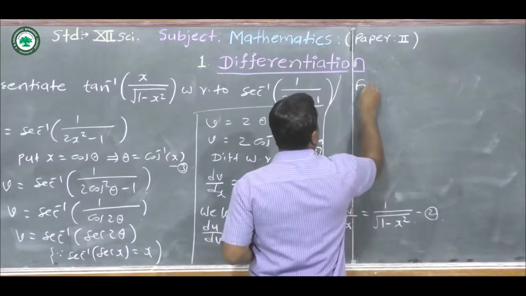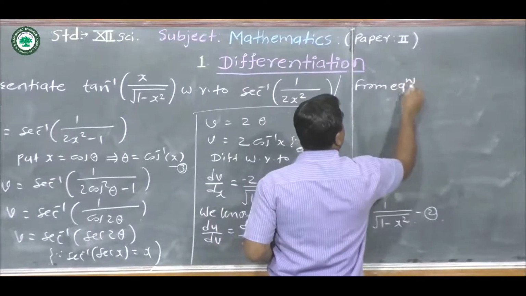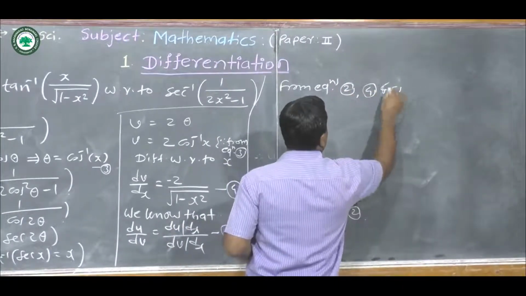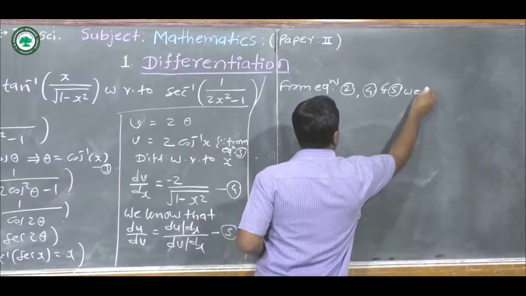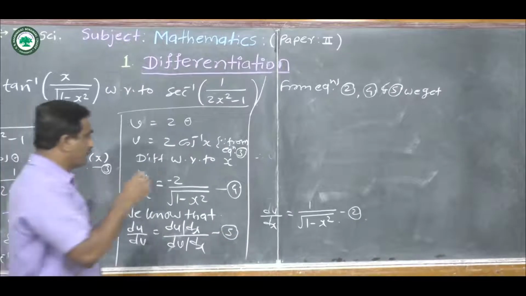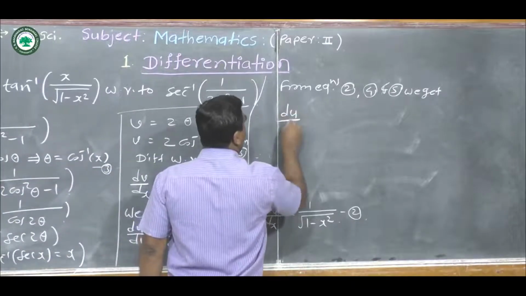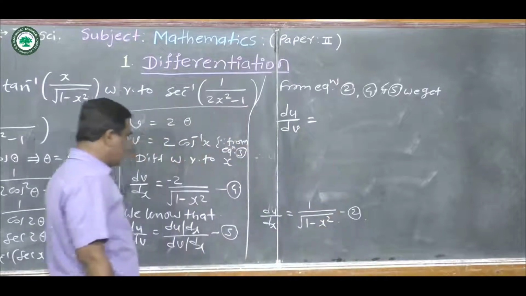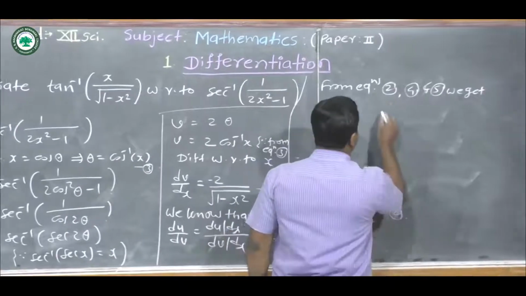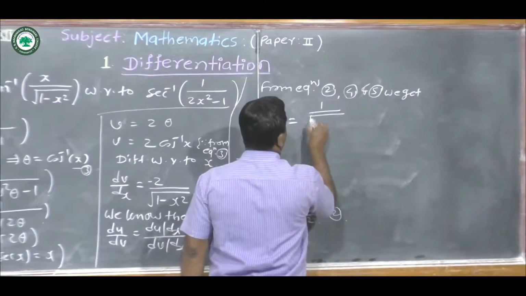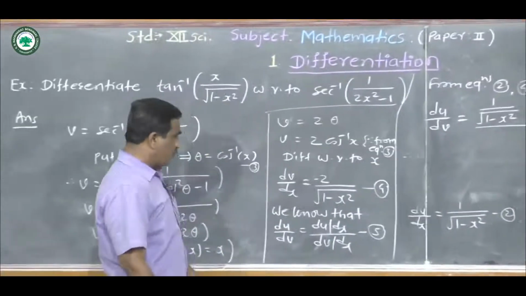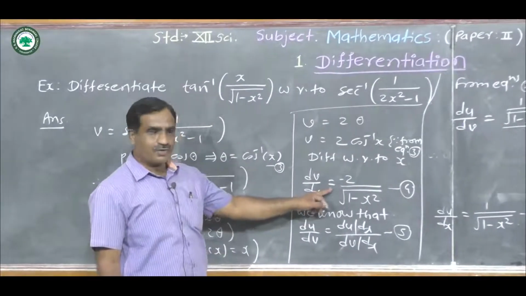Therefore from equations 2, 4 and 5, we get du upon dv is equal to the value of du by dx, 1 upon under root 1 minus x square, upon the value of dv by dx from equation 4.